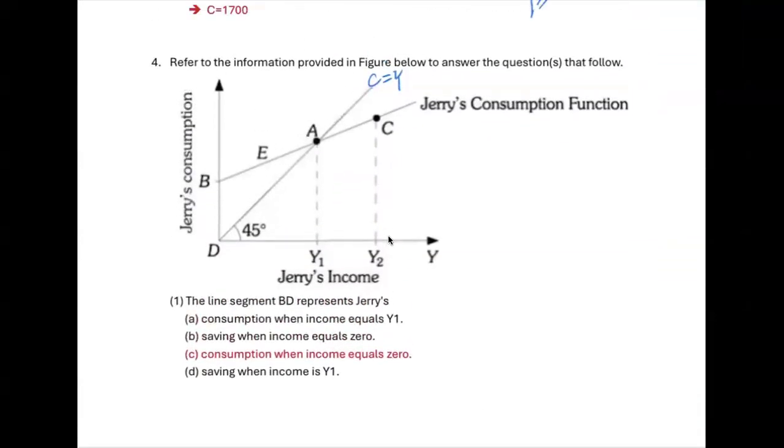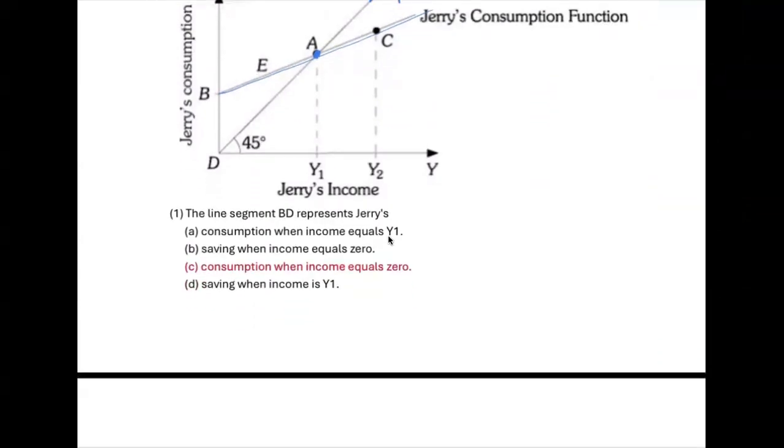Remember, we know for the 45-degree line, C equals Y. And this is Jerry's consumption function. So the intercept here, A, would be where Jerry's consumption equals his income. Okay.